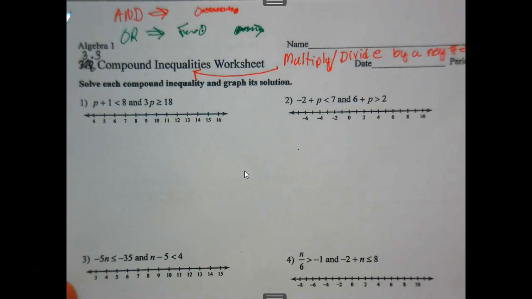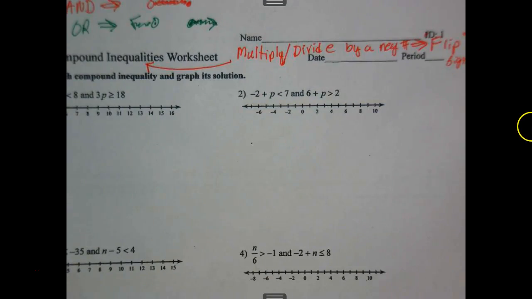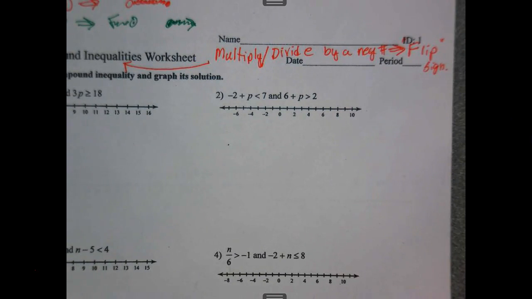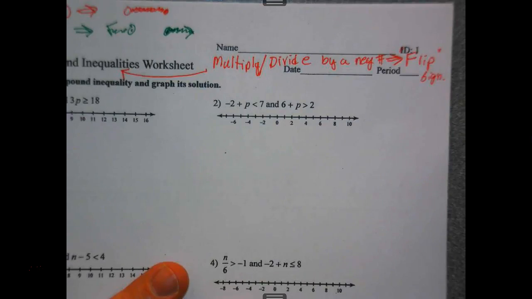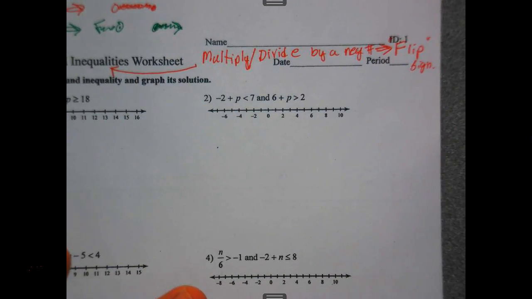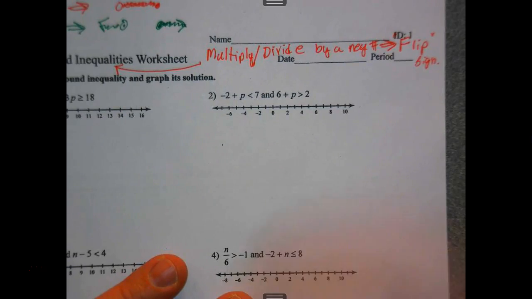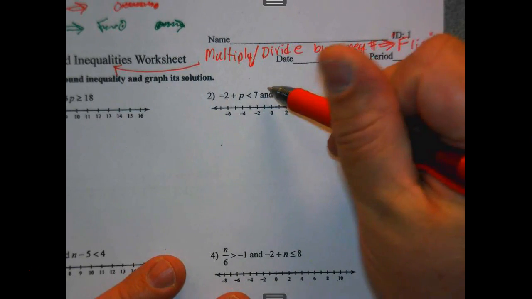Okay, number 2. I have negative 2 plus p is less than 7, and 6 plus p is greater than 2. It's an and problem, so it's in between. It's going to be that in between graph.